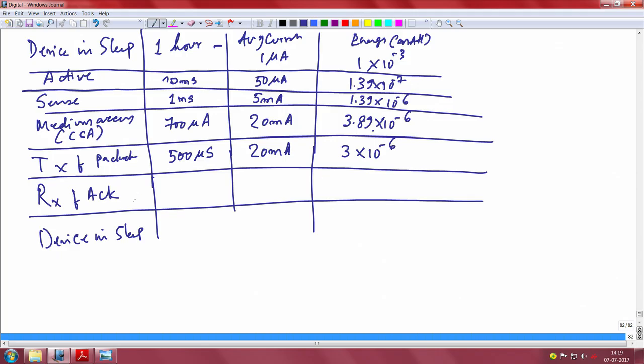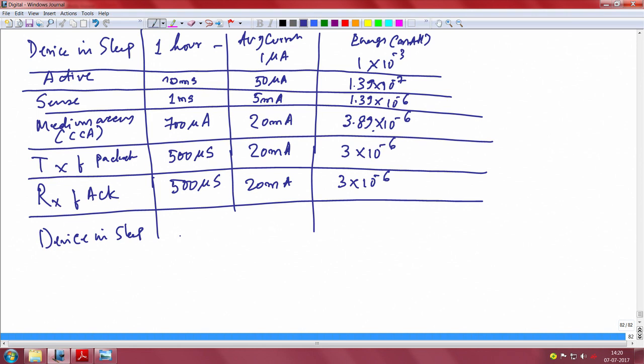Then it will have to wait for an ACK for some time, and let us say it waits for also the same time. And you can actually put the same time, just to make it very simple, okay, and I will put back the same one that is up here.